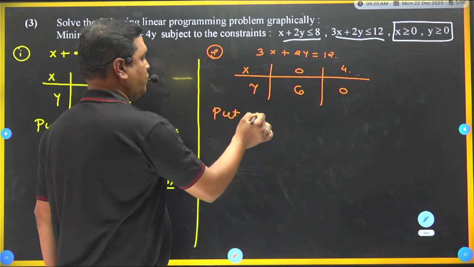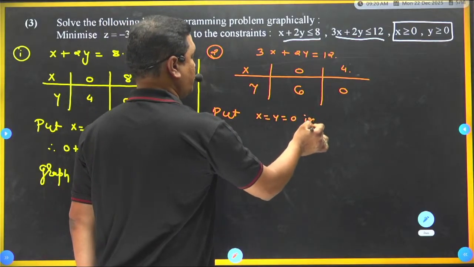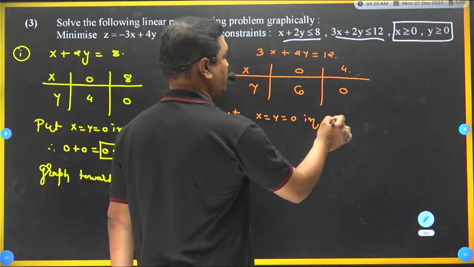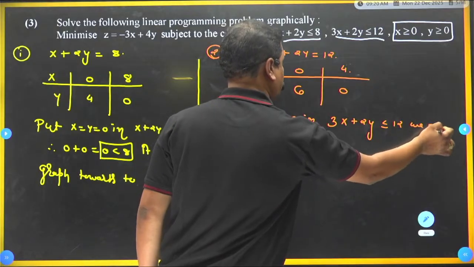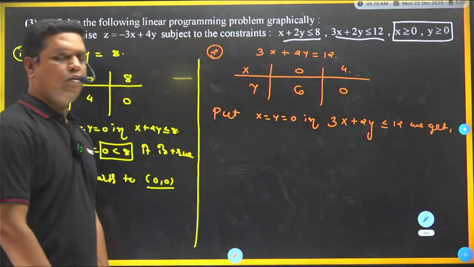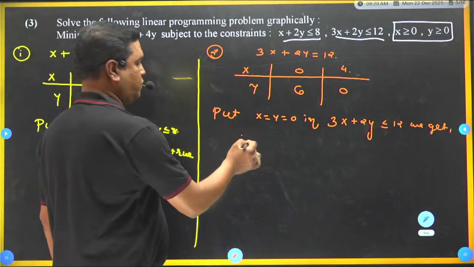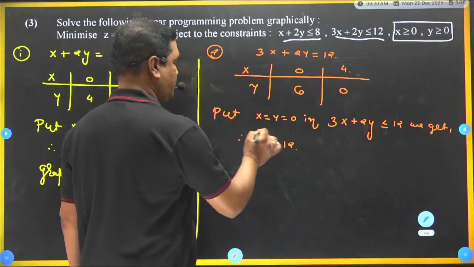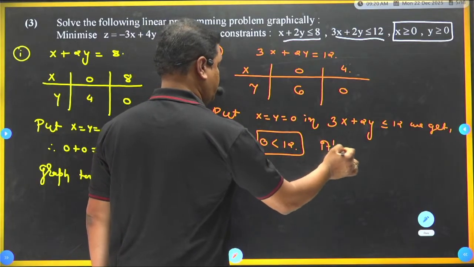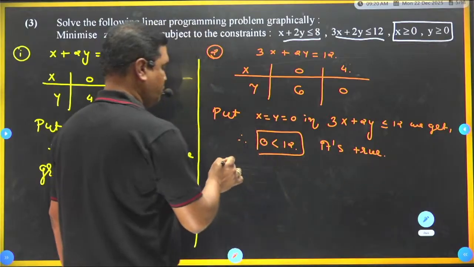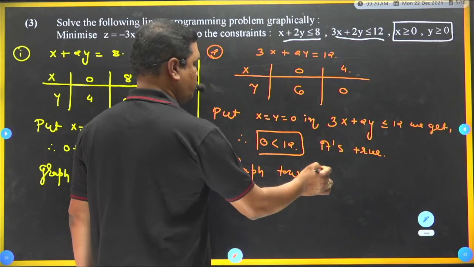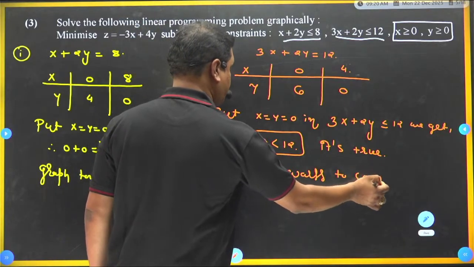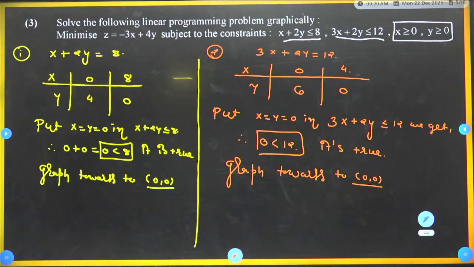Now put x equal to y equal to 0 in 3x plus 2y less than or equal to 12. Put both values 0, 0 less than 12. It is true. Graph towards the origin.